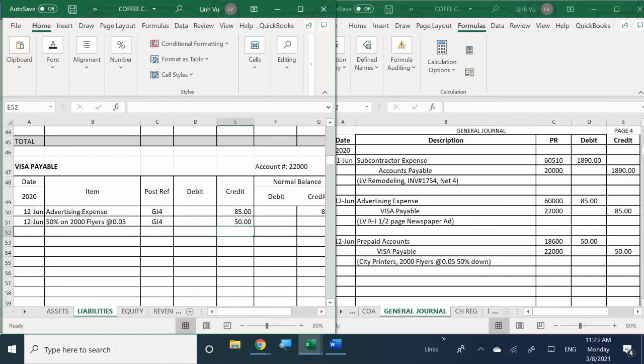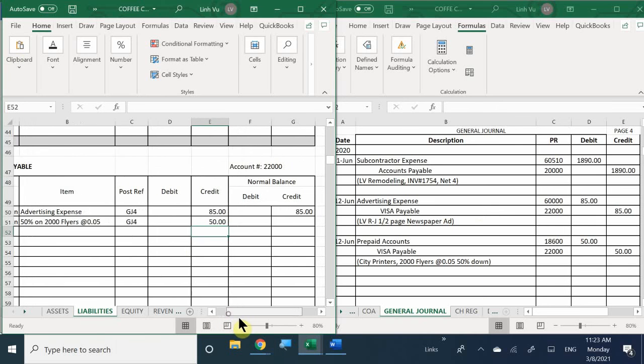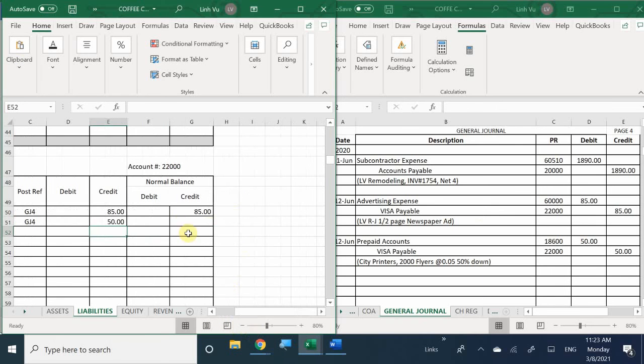So therefore, this is what my new formula is going to be. So this is on the credit side. On the credit side, we're going to go up 1 to get our previous balance. We're going to add any credits, and we're going to subtract any debits to give us our new balance. Okay, so once again, it's going to be up 1, left 2, and then left 3, minus left 3.